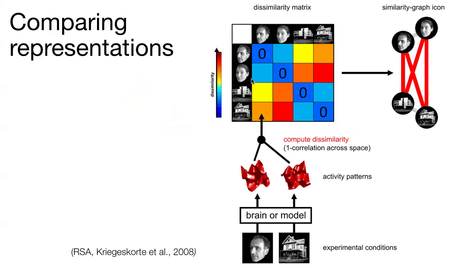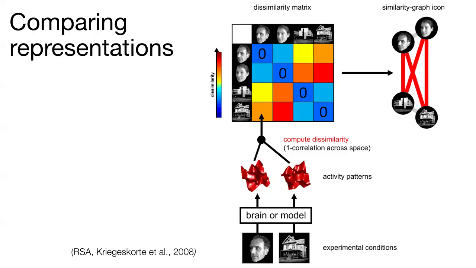So I could create something we call a similarity matrix. It says in the brain, these two faces were very similar. These two were a little less similar. This face and this house were very dissimilar. And this face and that house were even much more dissimilar. You create these constructs using the brain representation.